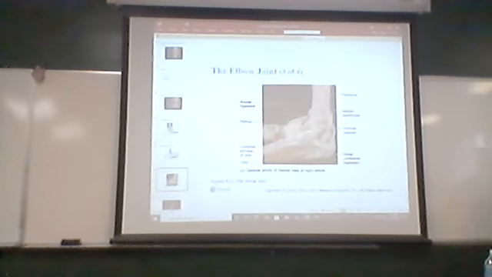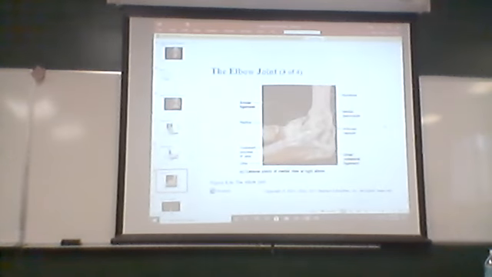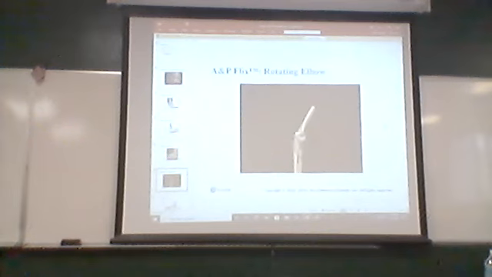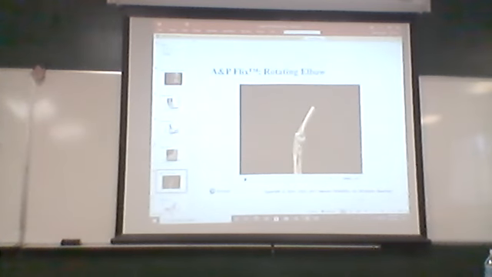I'm going to move on to the next slide. Okay, going to show how the elbow rotates. Excellent. What you'll see is the rotation is turning the radius in this radial notch.